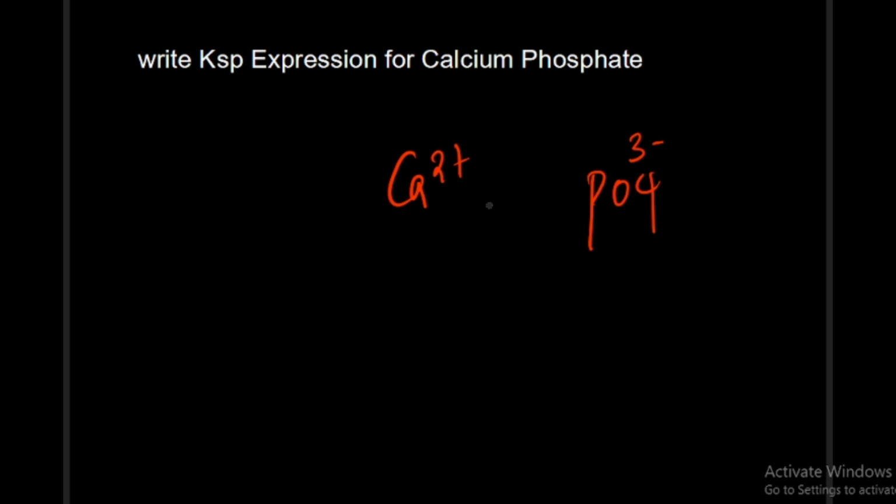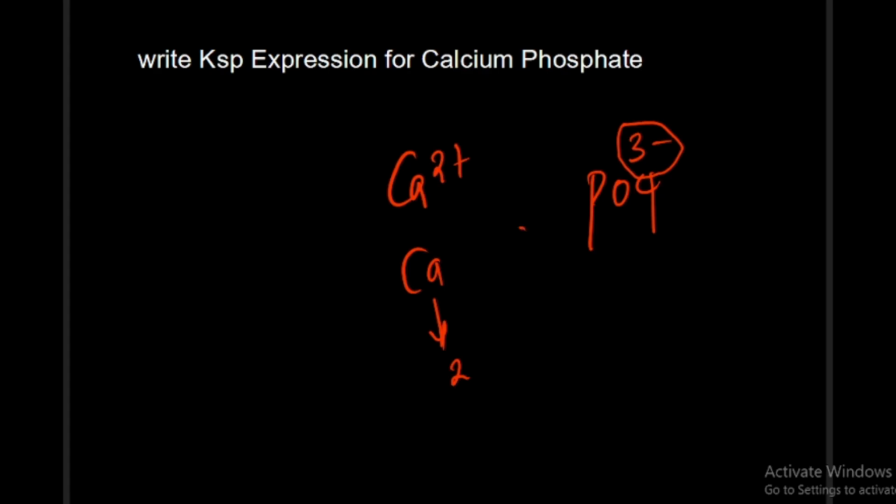So now let's write the chemical formula for calcium phosphate. Calcium is just one, so it is Ca, which is 2. Now PO4 is a group, called a polyatomic ion, and it has a common charge, which is 3.